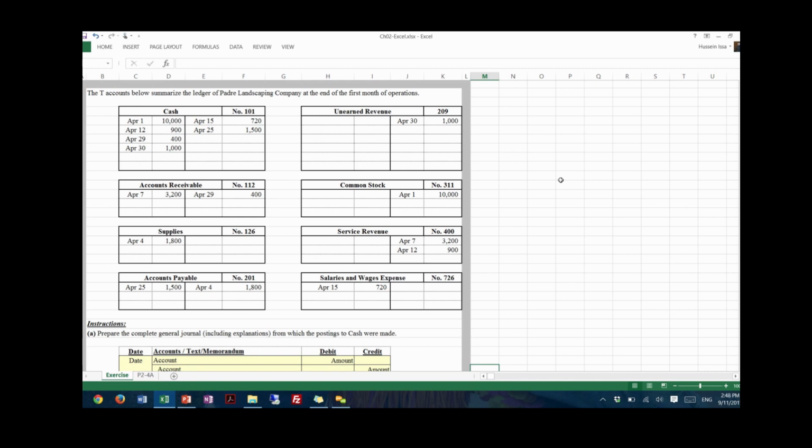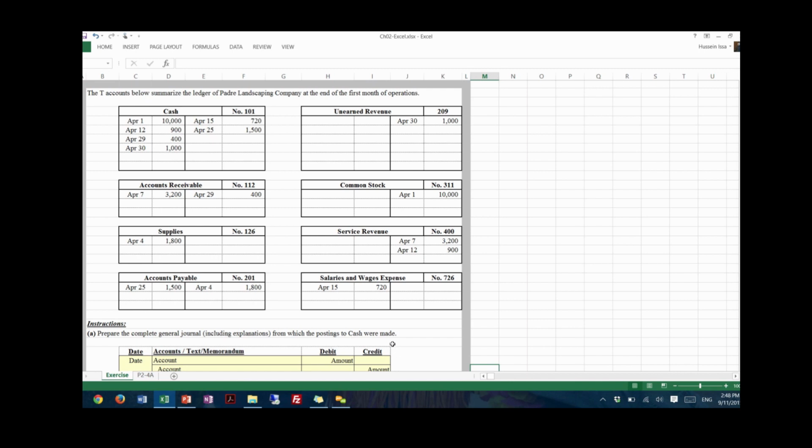And this problem, what we will be doing is we will recreate the journal entries based on the transactions that were posted to the ledger account. In this case, what they are asking us to do is to prepare the complete general journal from which the posting to cash was made.